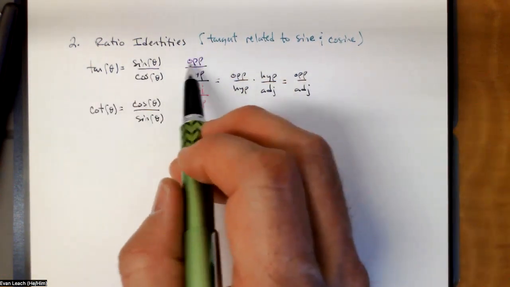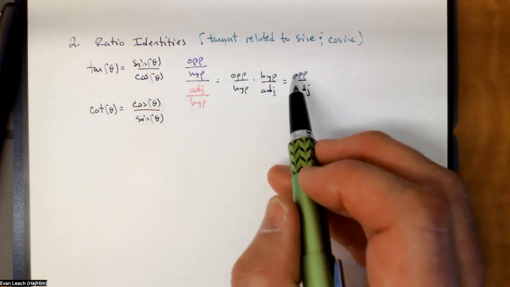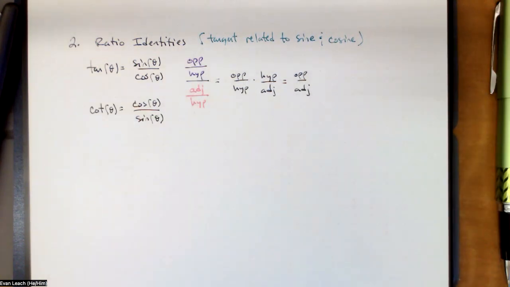On top of sine is opposite. On top. That's how you're going to remember that tangent is sine over cosine. You can also remember that cotangent is cosine over sine. Any questions? You don't have to memorize them, you just have to remember them.